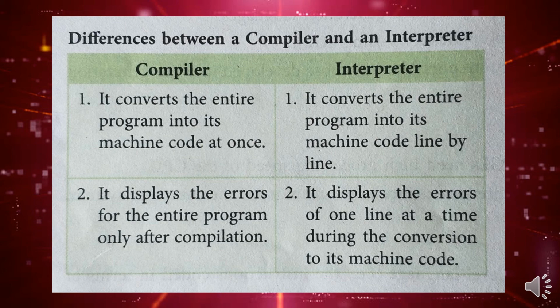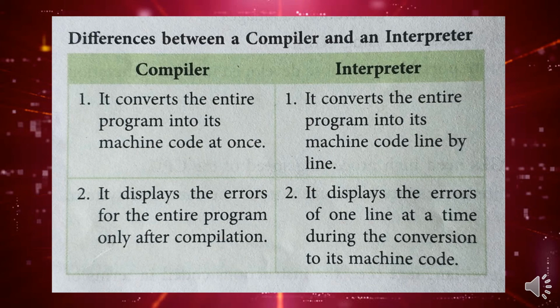Now the interpreter converts the program into its machine code line by line, because the translation of a single statement of source code into machine code is done by the interpreter language processor, and it executes it immediately before moving on to the next line. It displays the error of one line at a time during conversion to machine code.